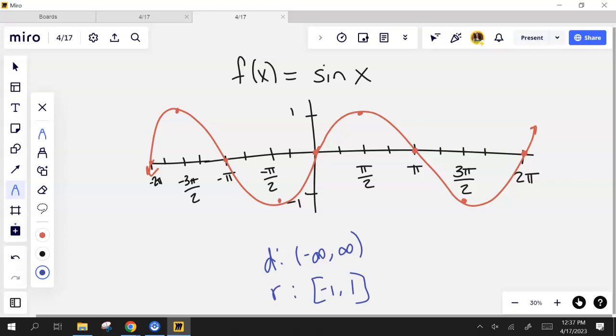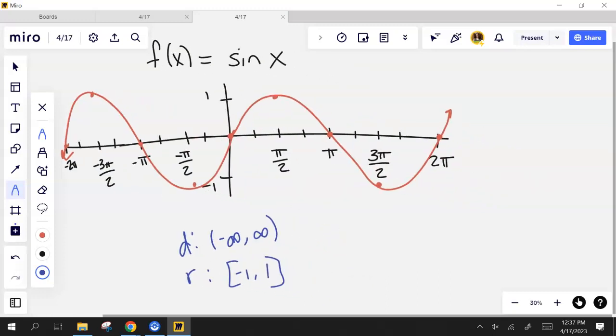What are my x-intercepts? So you do that little weird thingy thing, right? I'm going to say x equals k times pi, and it's happening every pi, right? So I'm going to say where k is an integer.